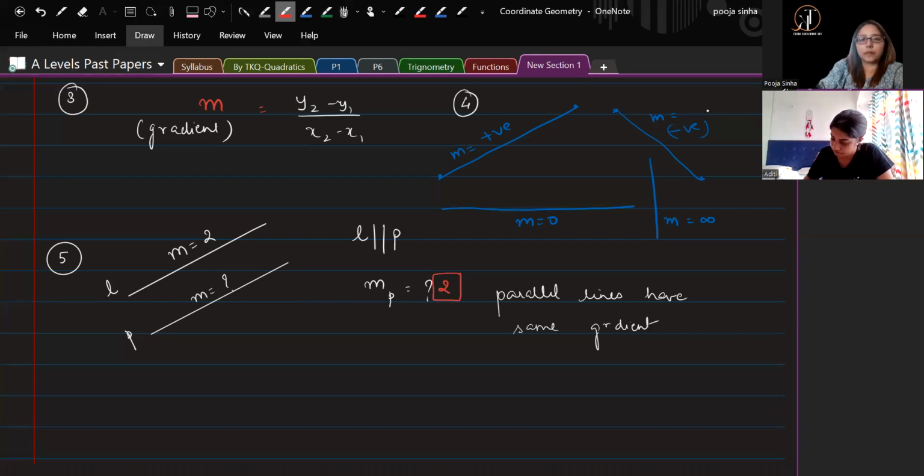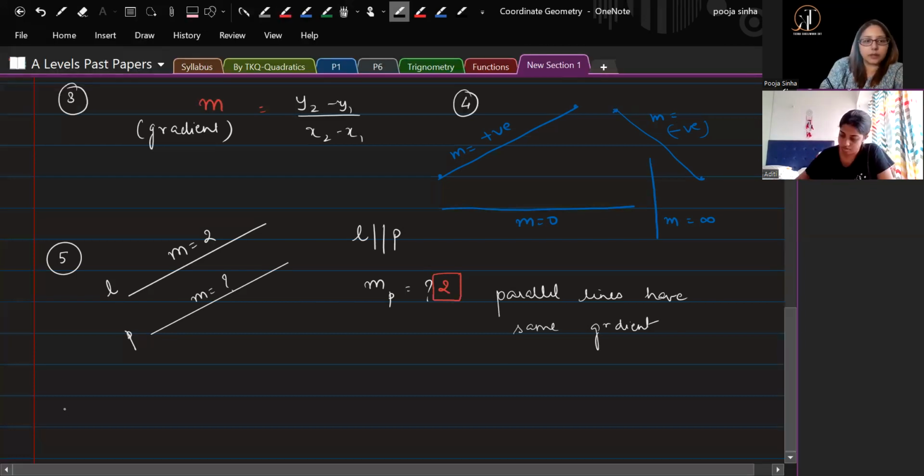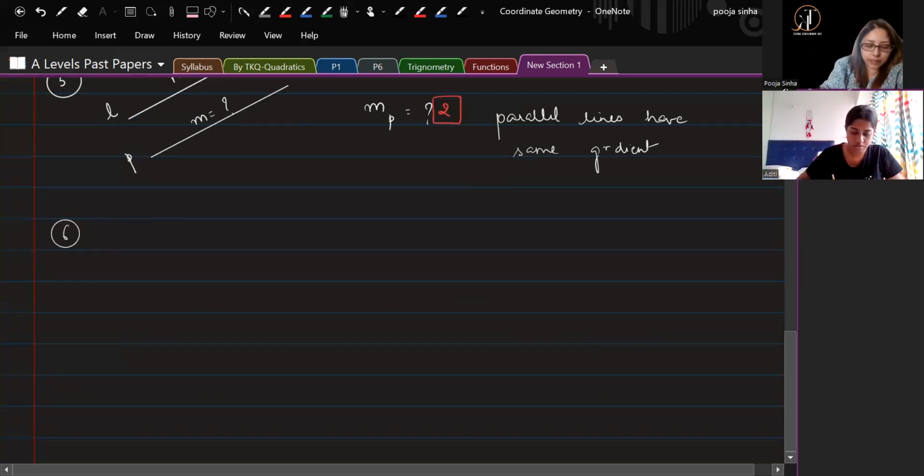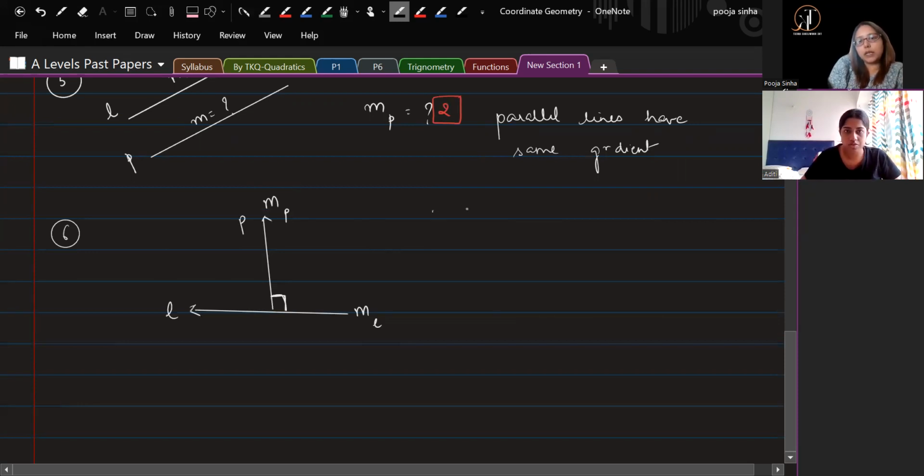I'm just writing this down. Okay. Next point. This is about perpendicular lines. A line like this, another line which is like this, and the angle between the two is 90 degrees. This is the line L and this is the line P. L is perpendicular to P, and m of L is equal to 2.